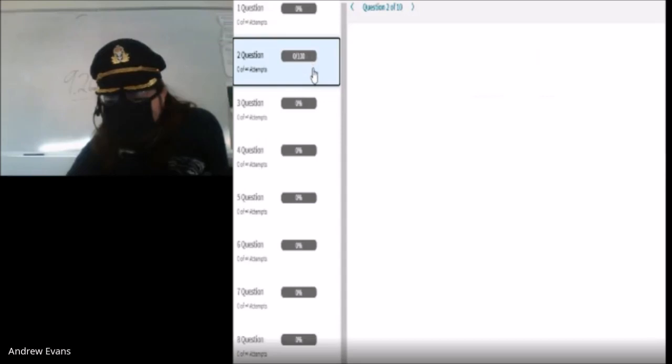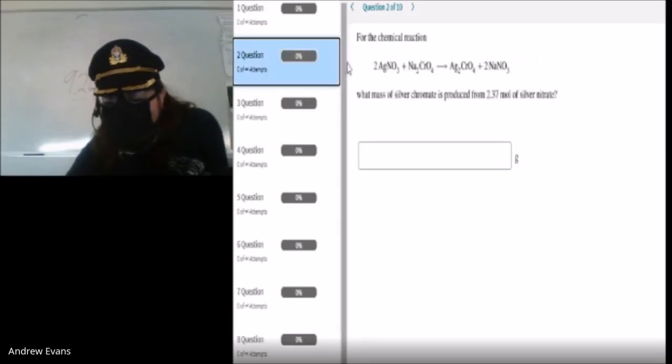I'm going to probably skip this one, but I'm going to just read it real quick. For the chemical reaction, 2 silver nitrate plus sodium chromate forms silver chromate and sodium nitrate. What mass of silver chromate is produced from 2.37 moles of silver nitrate?